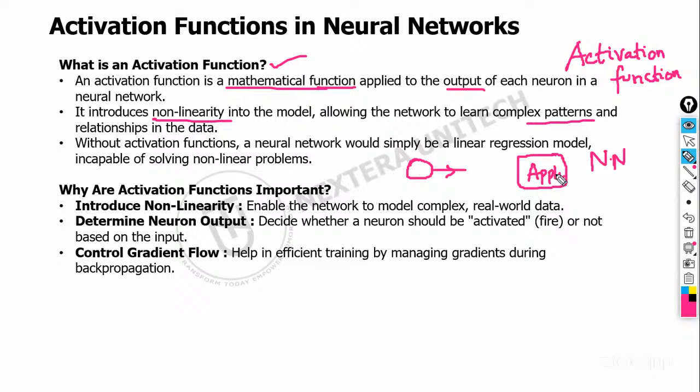But how is it going to understand it is an apple or not? By learning the complex patterns. The pattern present inside will be understood, and finally you are going to get the output as apple from the output layer neuron. And this can be done with the help of activation functions only.